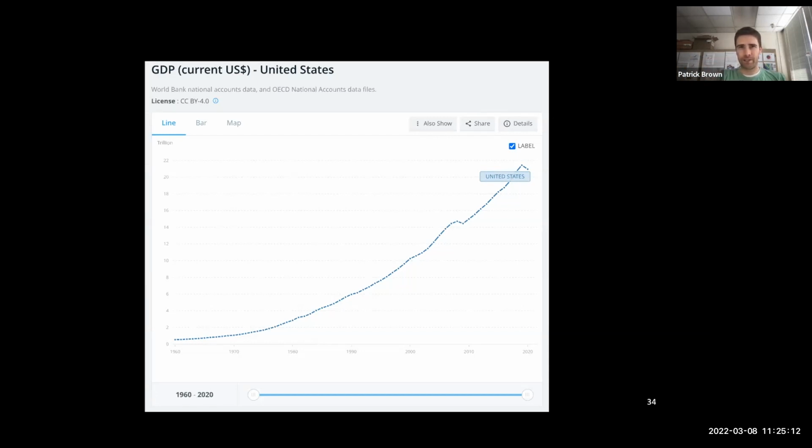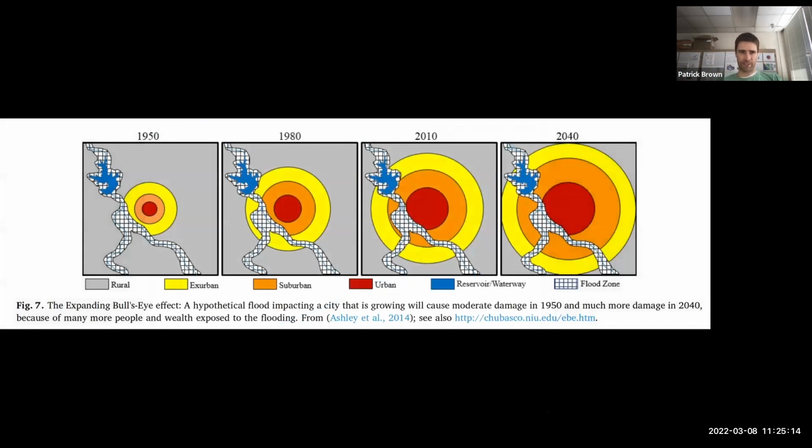That gets called, in the papers that look at this, the expanding bullseye effect, and this is an illustration of that. Imagine we have a river in blue here, and a floodplain hatched, and a city changing over time, where we're looking at the same flood affecting the city at different times, but the city is getting bigger and bigger over time. So the bullseye that the flood can hit is expanding.